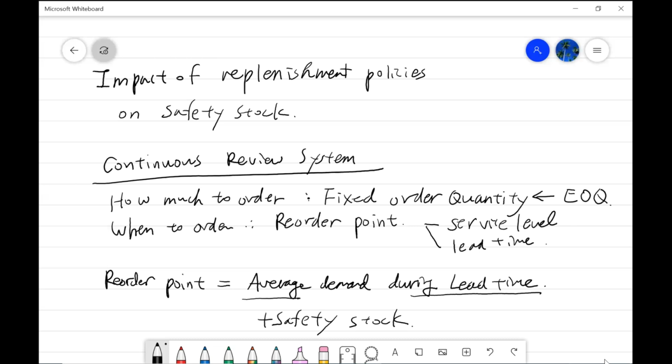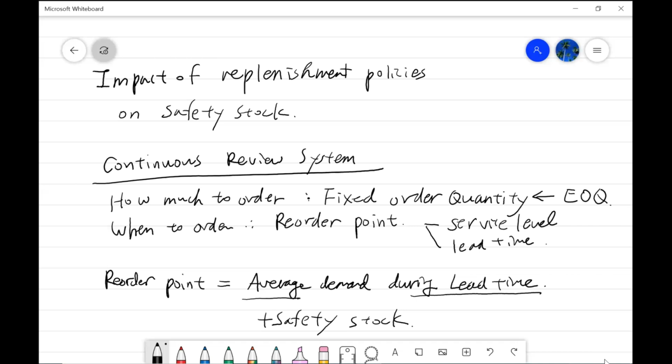So just having the reorder point be the same as the average demand during the lead time is not enough. We need to add something, a safety stock, to anticipate and cover the demand uncertainty.